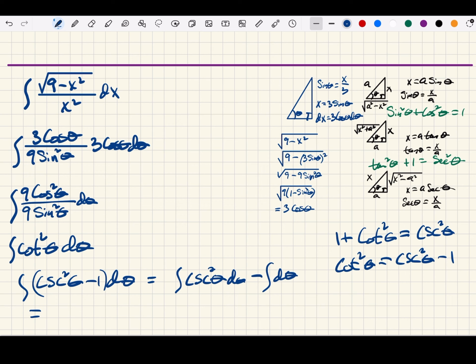The derivative of cotangent is negative cosecant squared. Okay, so that tells you then that the integral of cosecant squared is negative cotangent. Yeah. So let's see then. We've got minus cotangent theta minus theta plus c, right?